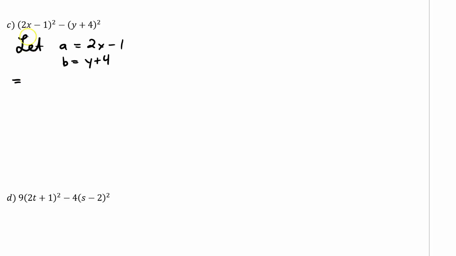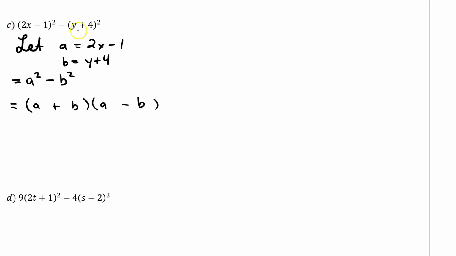So what I'm going to say here is, instead of 2x minus 1 squared, I'm going to say a squared minus y plus 4 squared, oh no, minus b squared. I know how to do that, no problem. A plus b, a minus b.